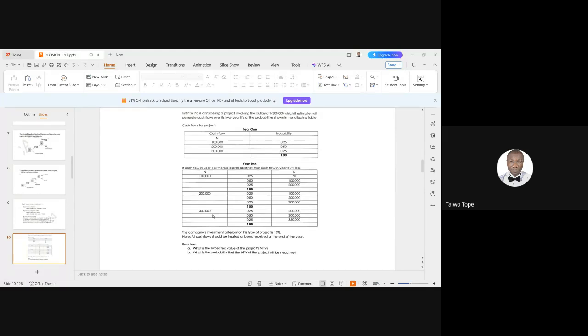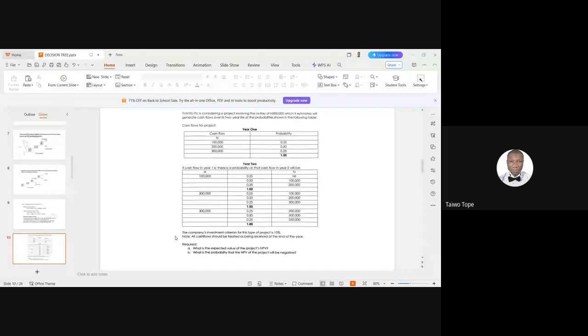But overall, what the question wants us to do is this: the company's investment criterion for this type of project is 10%. Take note of that, 10%. All cash flows should be treated as being received at the end of the year.